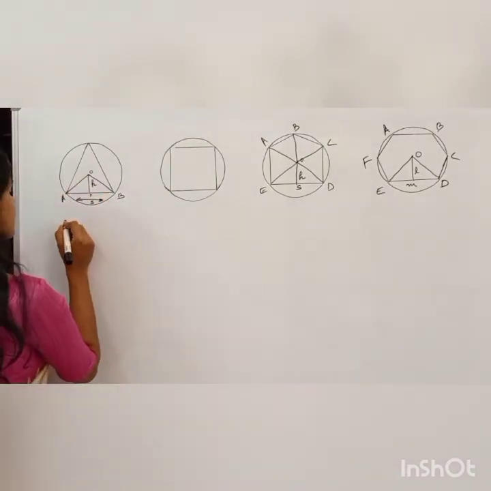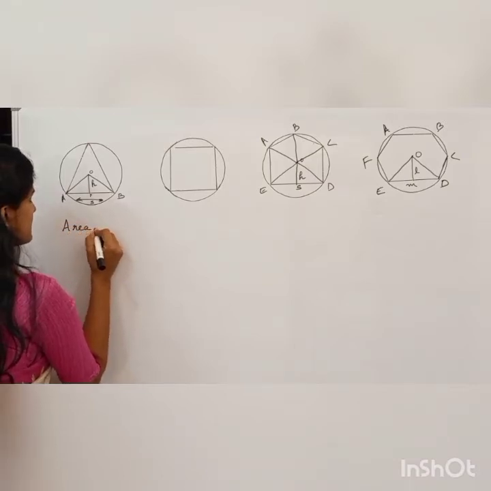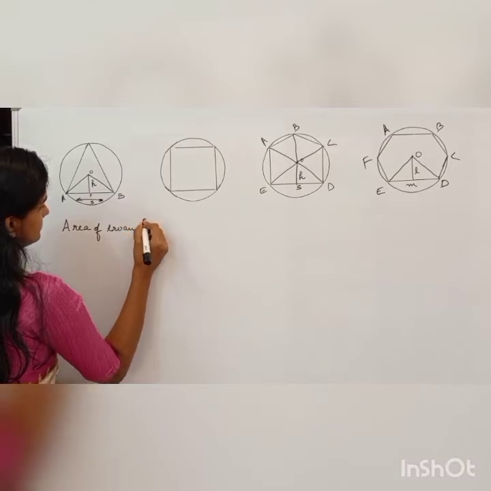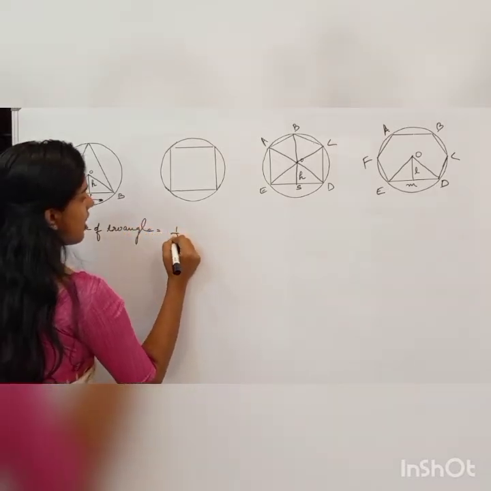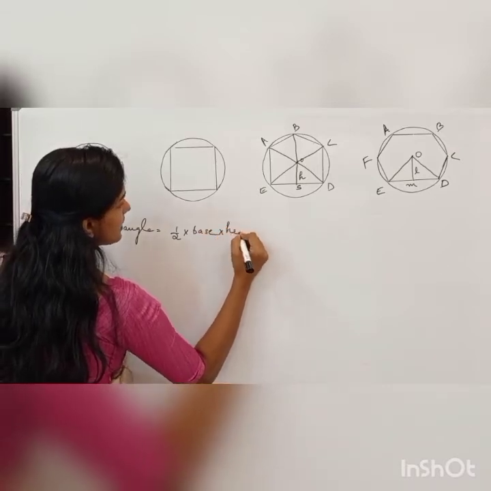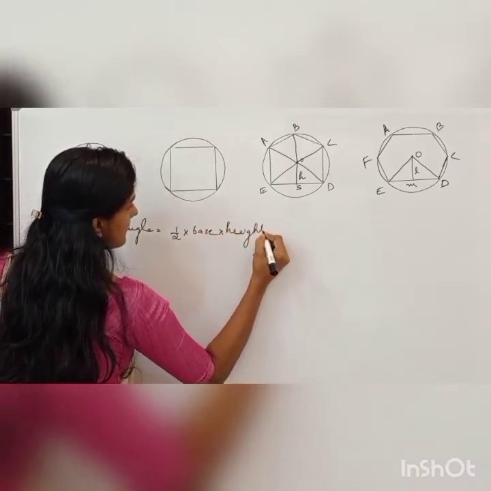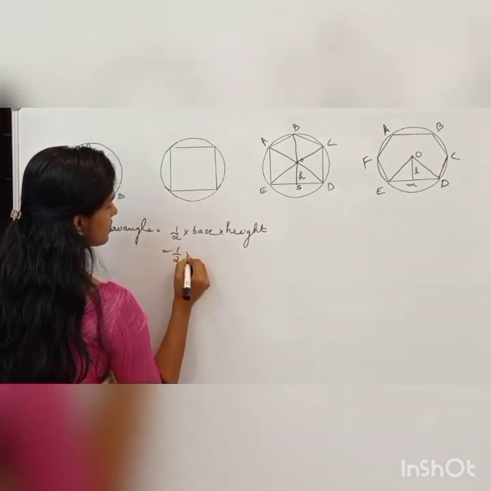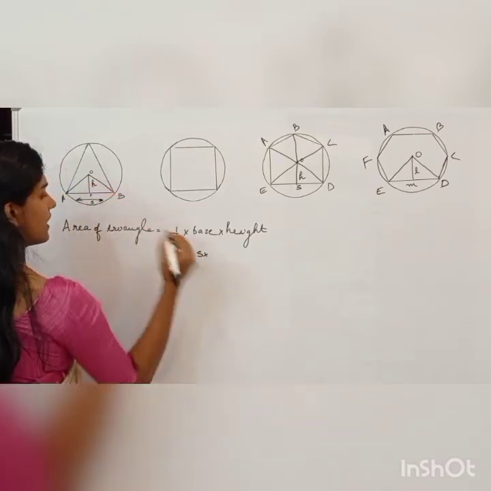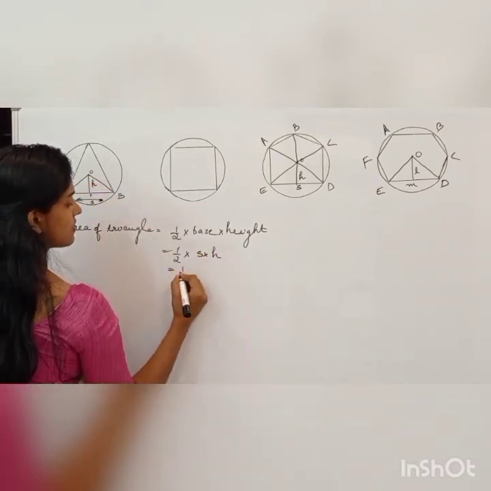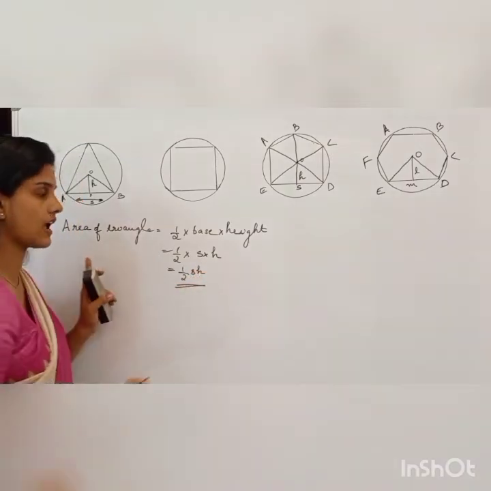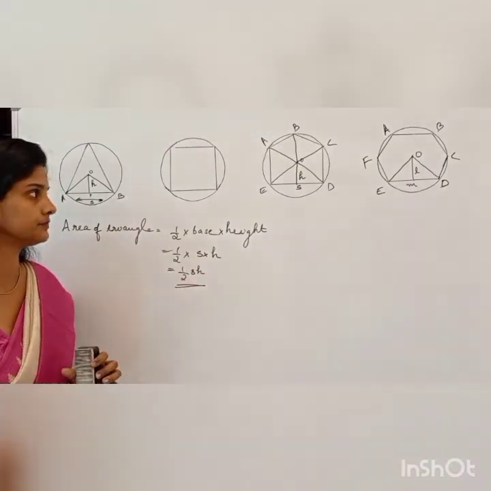What is the area? Half into base multiplied by height. What is the base? Base is given by S. And what is the height? Height is H. Half SH is the area of the triangle.